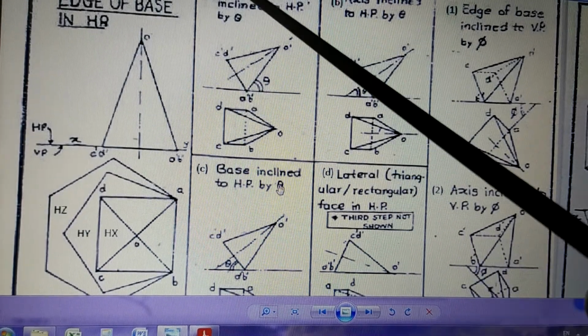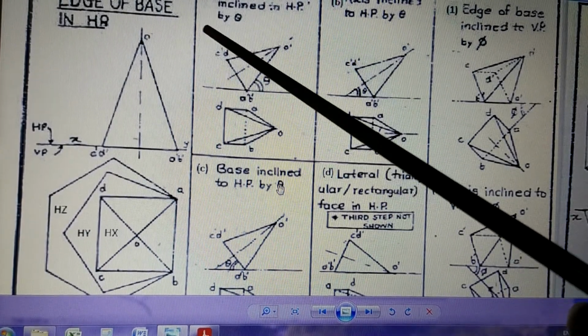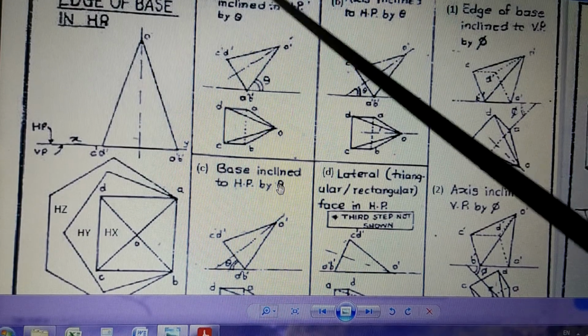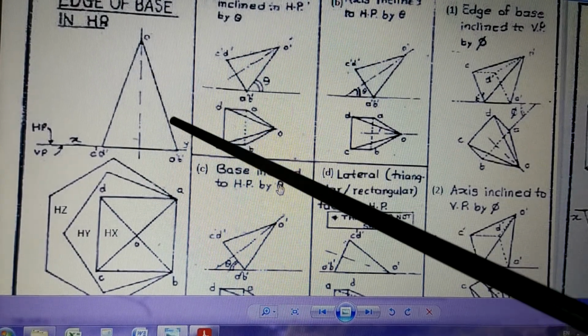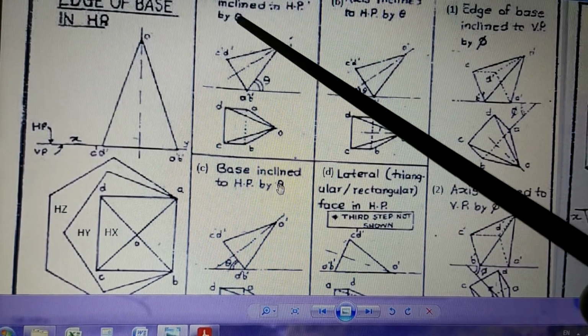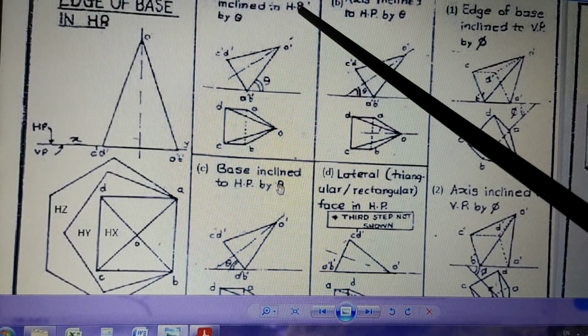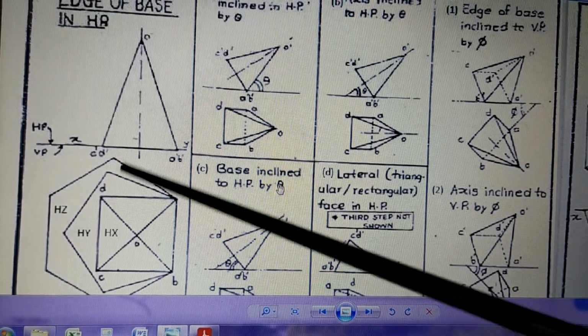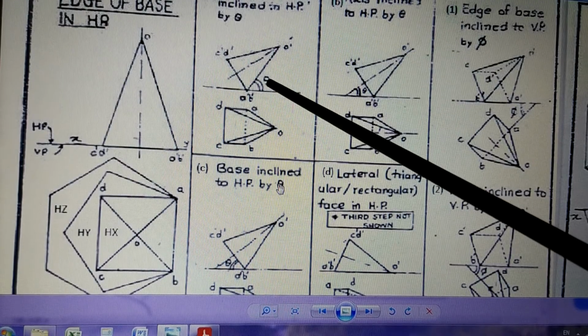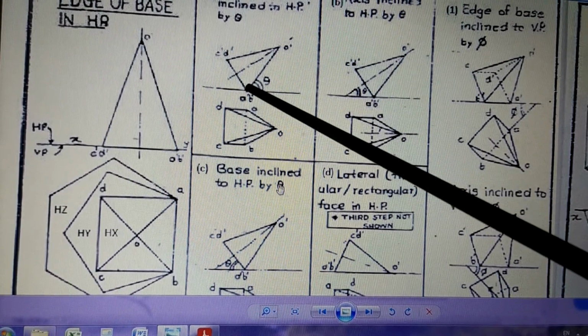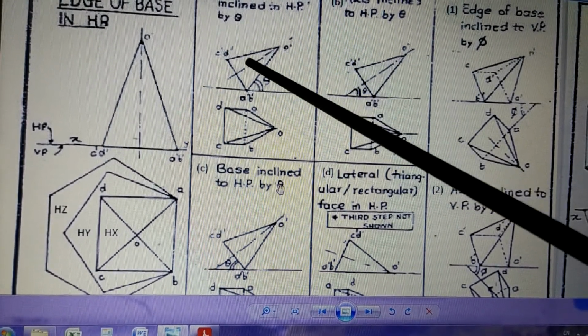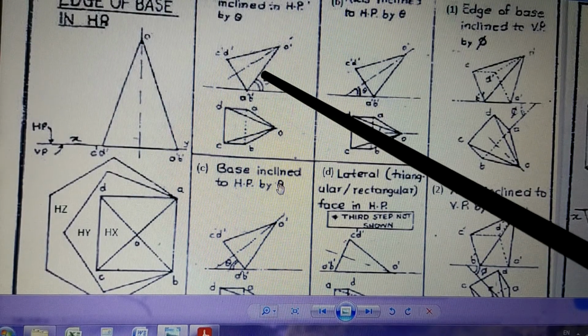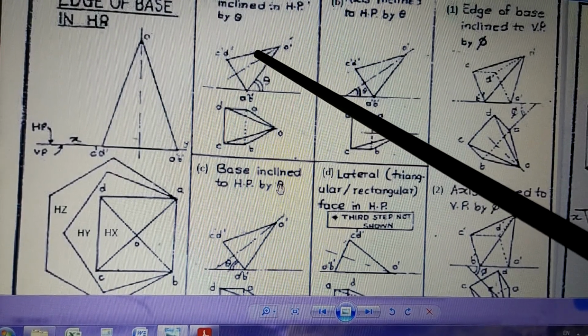And it is inclined in such a way that the lateral face, this face, is making an angle of 30 degrees with HP. So what we have done, we have first drawn this position, we have inclined it like this, so that this lateral face is now making the given angle theta, and after it is tilted, this is the final position we have drawn in the front view.